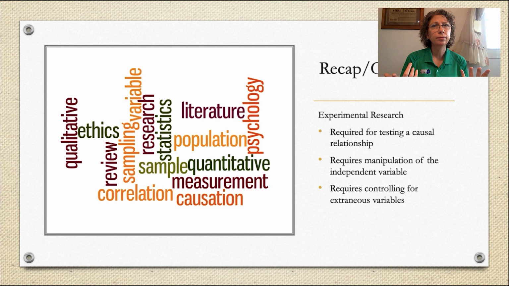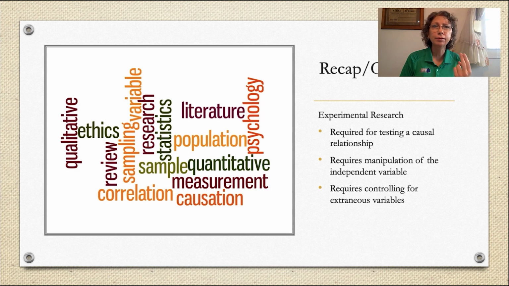There's some variables that we cannot manipulate. We can't manipulate someone's gender or belief system or ethnicity or different other values or preferences. But there are different conditions that we can manipulate as researchers, and that's something that can be used in experimental research.